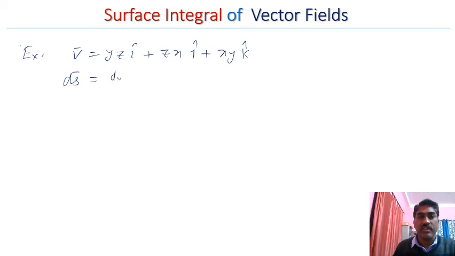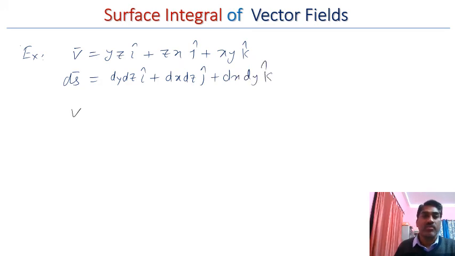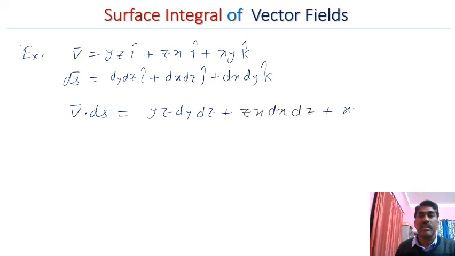This is dy dz i plus dx dz j plus dx dy k. Now we take V dot dS, so we get yz dy dz plus zx dx dz plus xy dx dy.